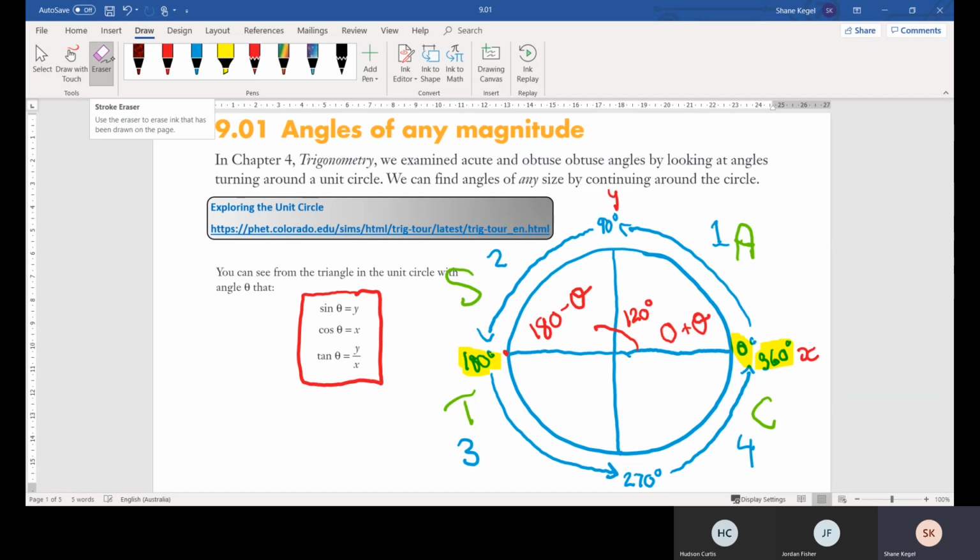I won't go into too much detail now on the other ones, but measuring from the horizontal would mean that in quadrant 3, we would do 180 degrees plus theta, which will give us our angle here.